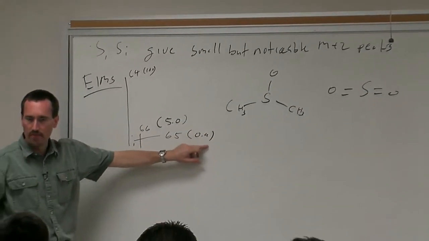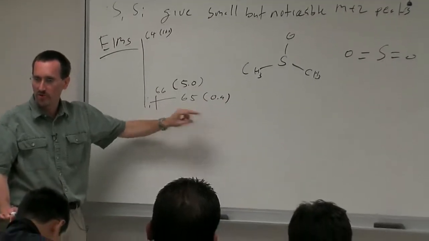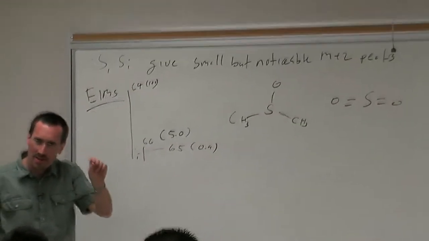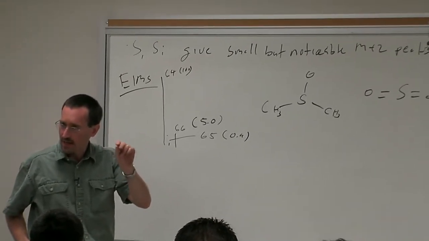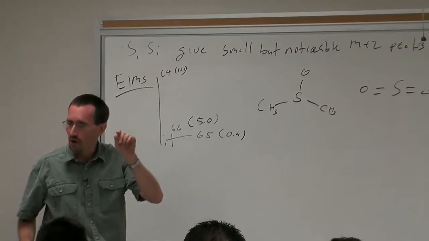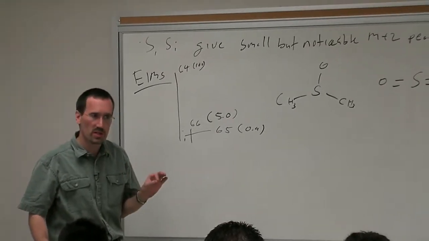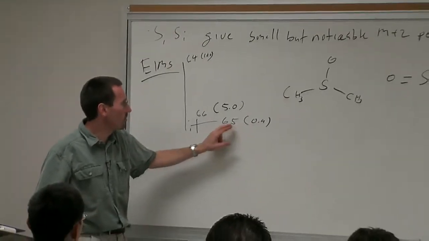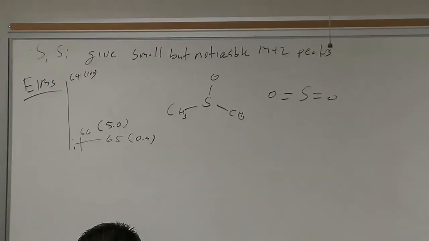Now I've given you the numbers based on the exact isotope patterns. Oxygen contributes a teeny tiny smidgen of O17, and it contributes a teeny tiny more smidgen of O18, right? We said that there's about 0.02% O18, so that boosts us above the 4.4% for the sulfur.